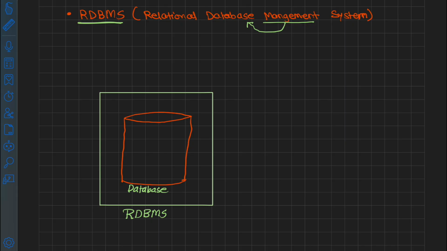And the second point, same thing: the RDBMS also provides two features. Which two features? The first one is security, and the second one is authorization. The security is the same: we provide credentials like username and password, and authorization is the same, which will authenticate our credentials.